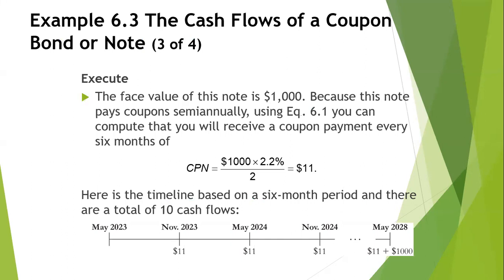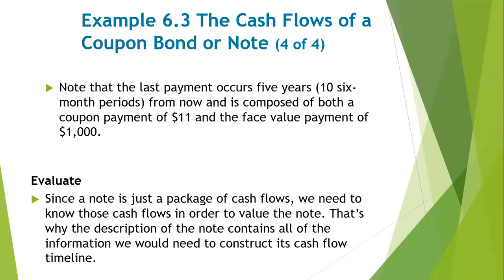And here you see the timeline that is based on a 6-month period, and there are a total of 10 cash flows. Note that the last payment occurs 5 years, that's 10 6-month periods from now, and is composed of both a coupon payment of $11 and the face value payment of $1,000.